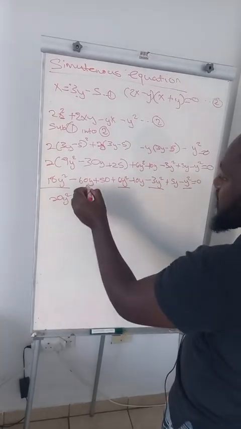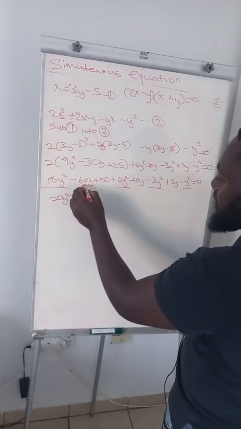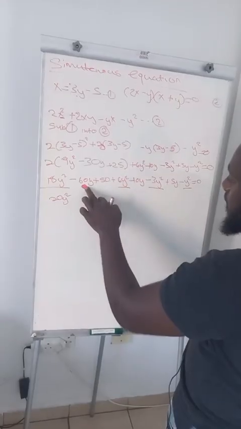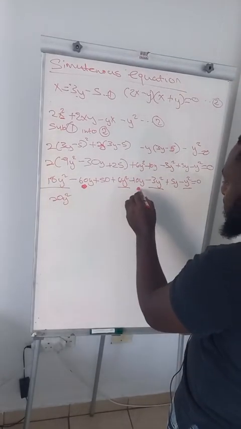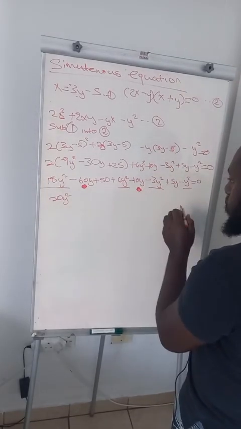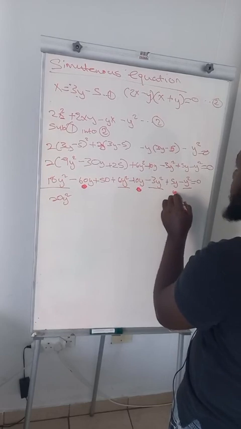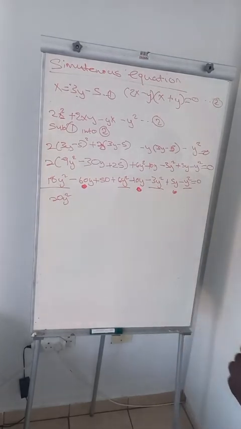Now, let's come to the things which are having a y. We'll have 60y and negative 10y and also 5y.